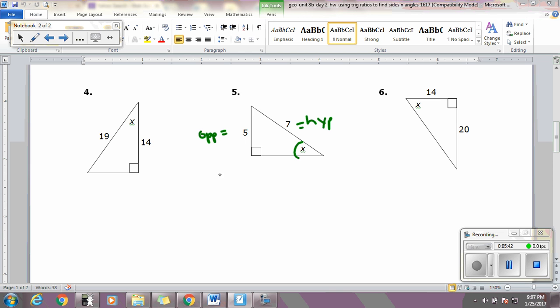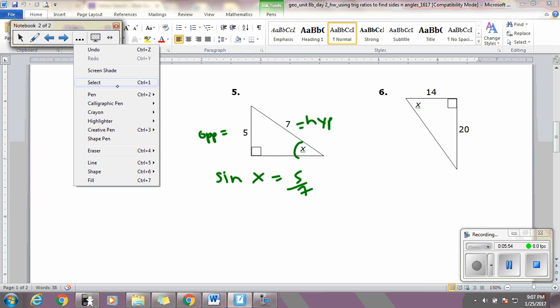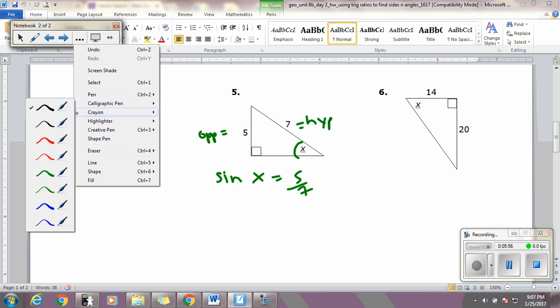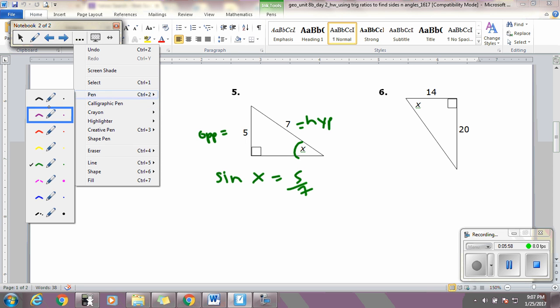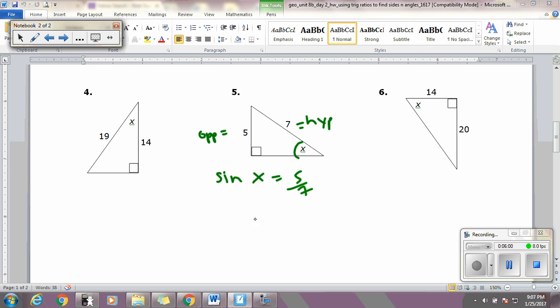So this time I would write sine of x, since x is the angle, is equal to the opposite side, which is 5 over 7. And again, since we're looking for x, which is our angle, in order to get it by itself, the only thing you can do is to use sine inverse. So x is going to equal sine inverse of 5 over 7.